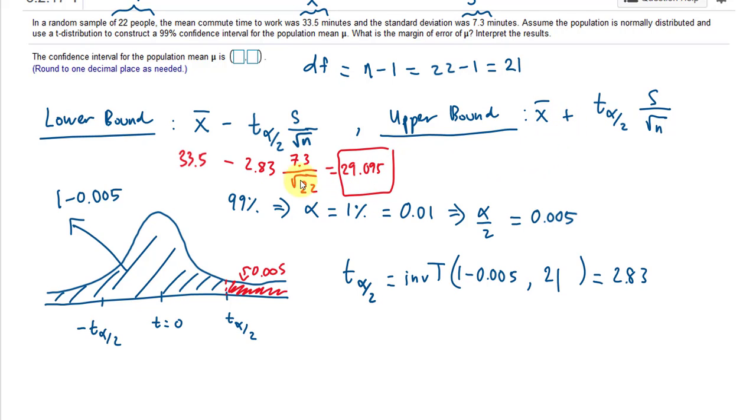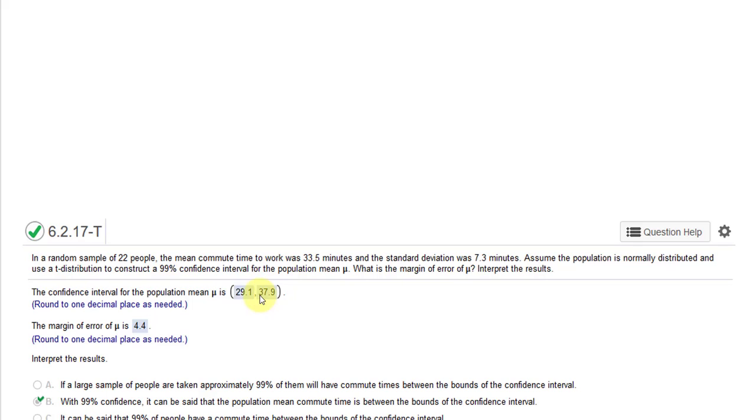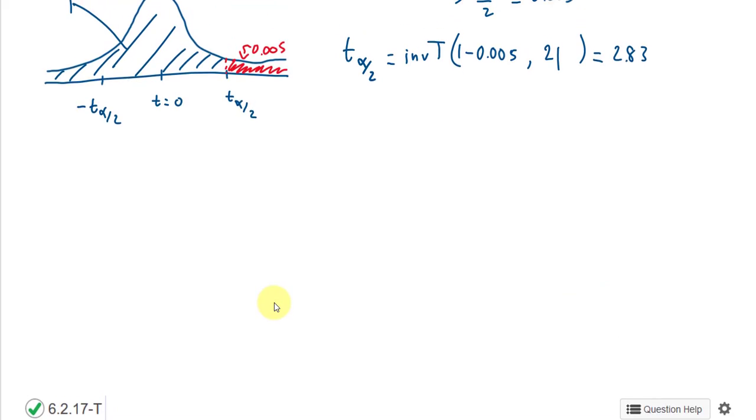We add instead of the minus, so 33.5 plus 2.83 times 7.3 divided by the square root of 22, and that will give me 37.904. And they only ask you to round to one decimal place, so this is 29.1, this is 37.9, which is right here. Okay.